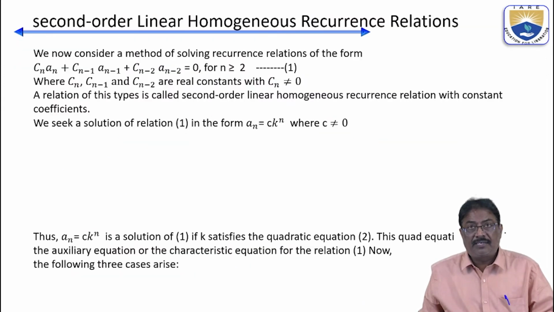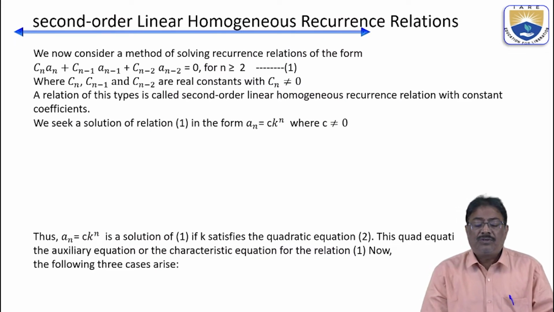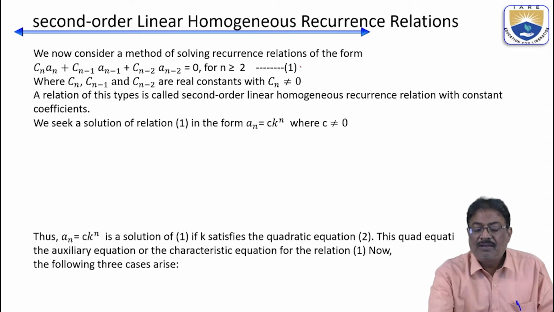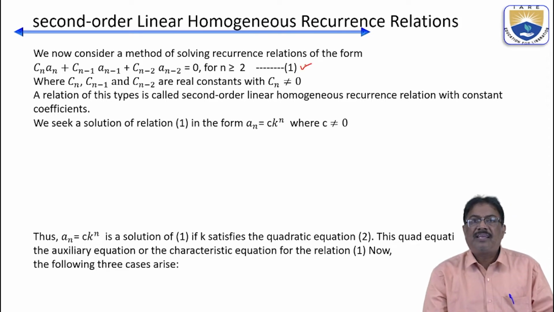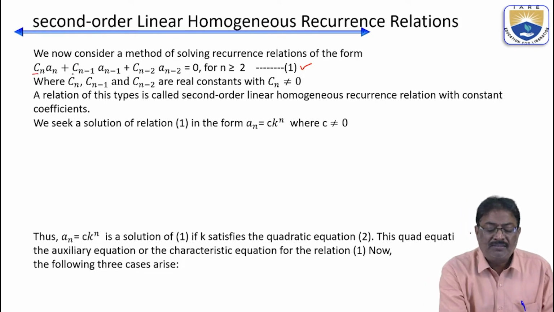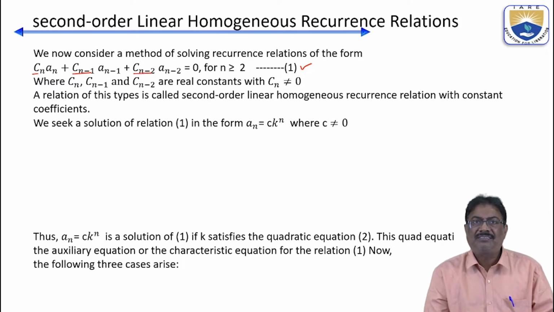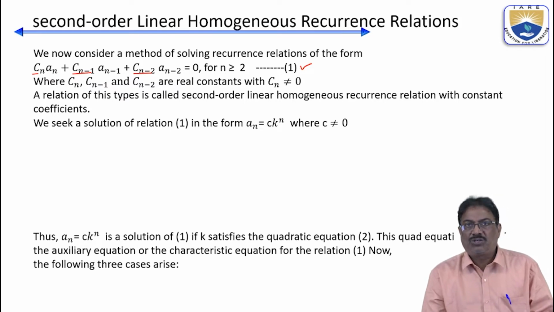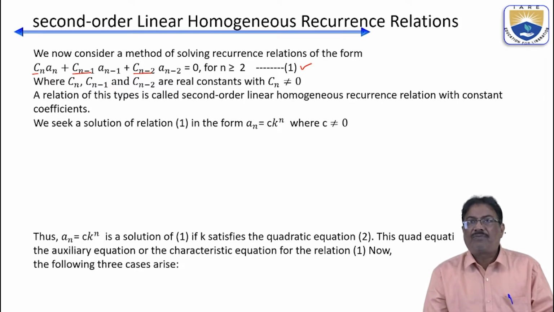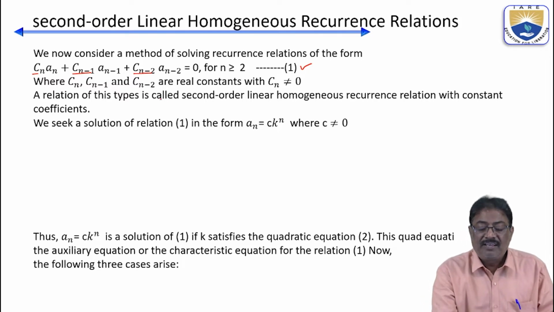Now let us concentrate on the second order homogeneous recurrence relation. Any recurrence relation of this form, c n a n plus c n minus 1 a n minus 1 plus c n minus 2 a n minus 2 is equal to 0, where c n, c n minus 1, c n minus 2 are all real constants, with the condition c n is not equal to 0, is known as second order linear and homogeneous.